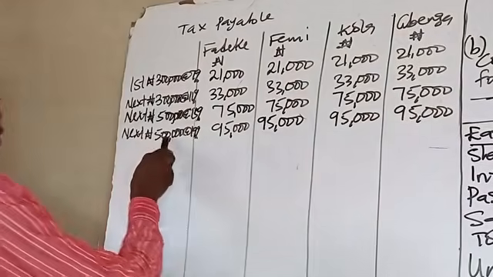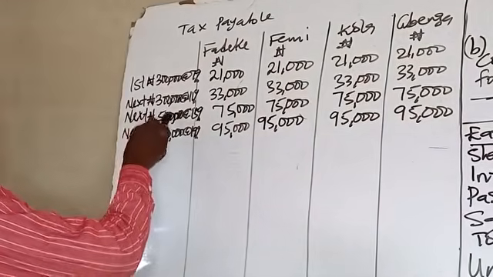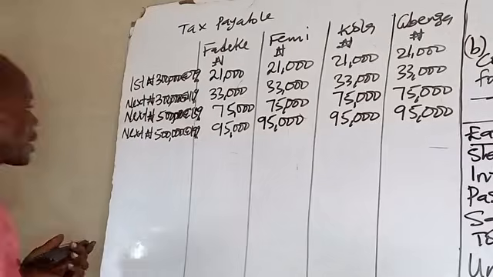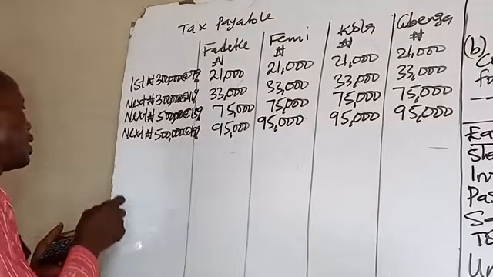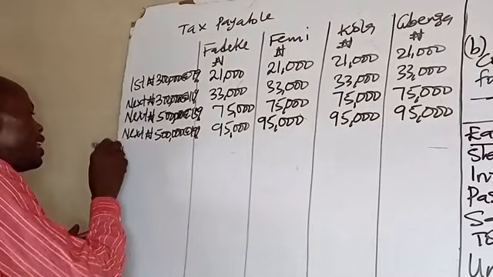So if you sum up, this is 1 million, 1.3, 1.6 million that have been taxed out of income of over 20 million for each of the partners.